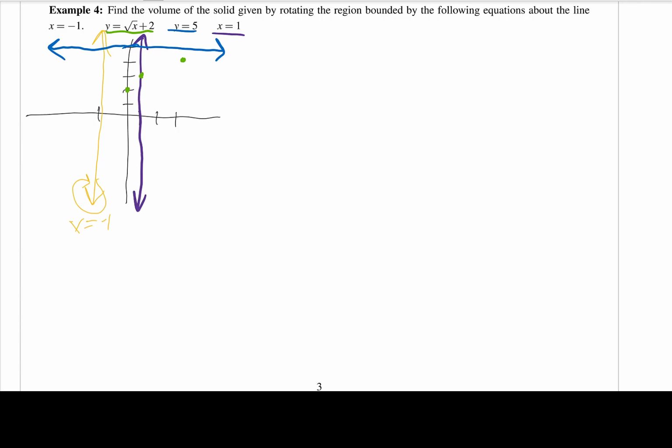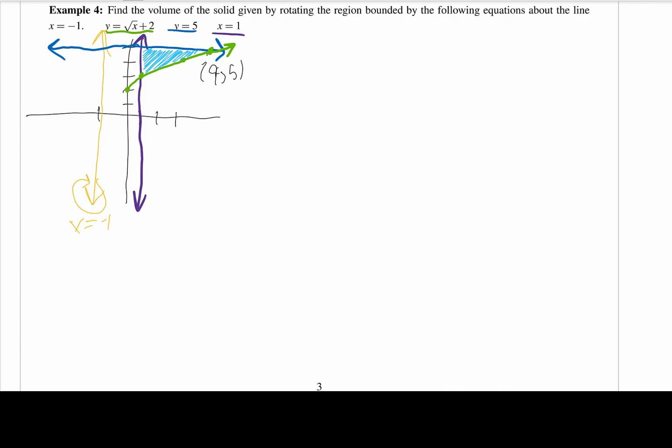And then eventually, so I'd have to go up to x equals 9, but eventually, and this isn't going to be to scale, I'd hit this blue line over here, right? So this would be 9, 5. All right, and so then the region I'm looking for is this region right in here.